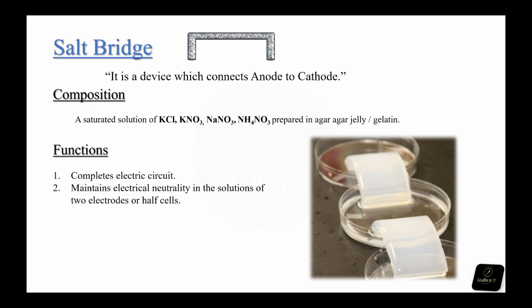Second, it maintains electrical neutrality in the solutions of the two electrodes, which are also called half cells. In conclusion, the salt bridge is a column filled with agar-agar jelly dipped in a solution of KCl or potassium nitrate or sodium nitrate or ammonium nitrate, as shown in this picture.